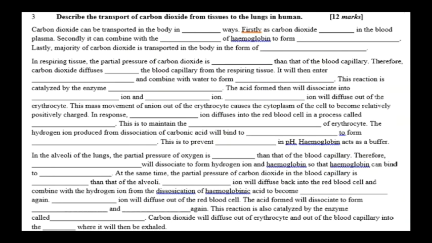Carbon dioxide can be transported in 3 ways, like I mentioned just now. Firstly, as the carbon dioxide dissolves in the blood plasma. Secondly, it can combine with the amino group of the hemoglobin. You should remember that carbon dioxide combines with the amino group, while oxygen binds to the heme group of hemoglobin.